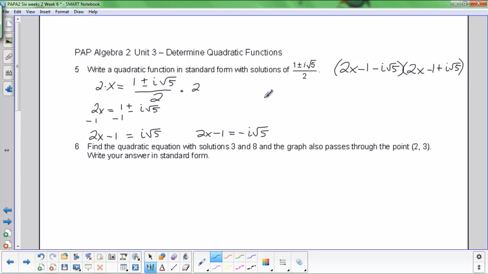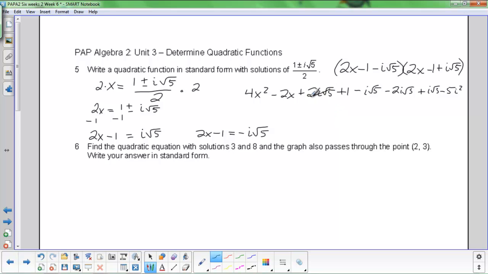Now we multiply them out, and we get 4x squared minus 2x plus 2i square root of 5 plus 1 minus i root 5 minus 2i root 5 plus i root 5 minus 5i squared.